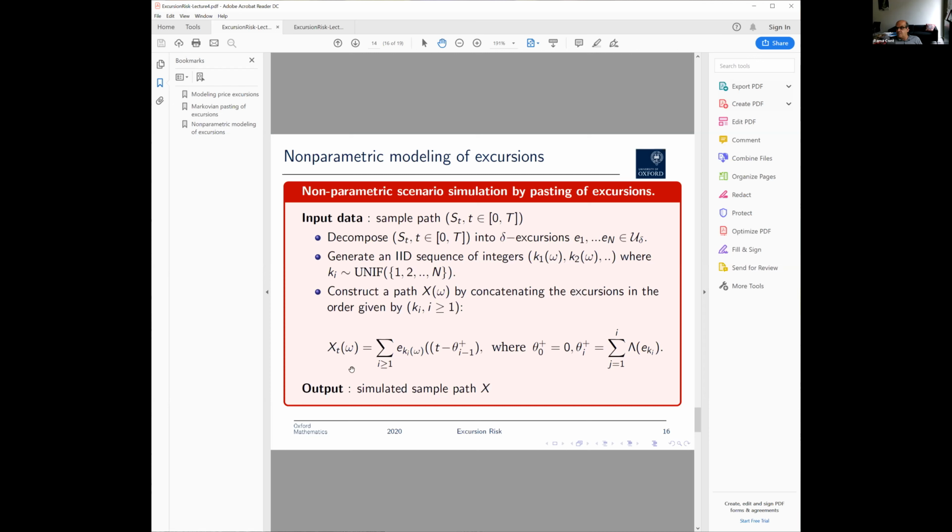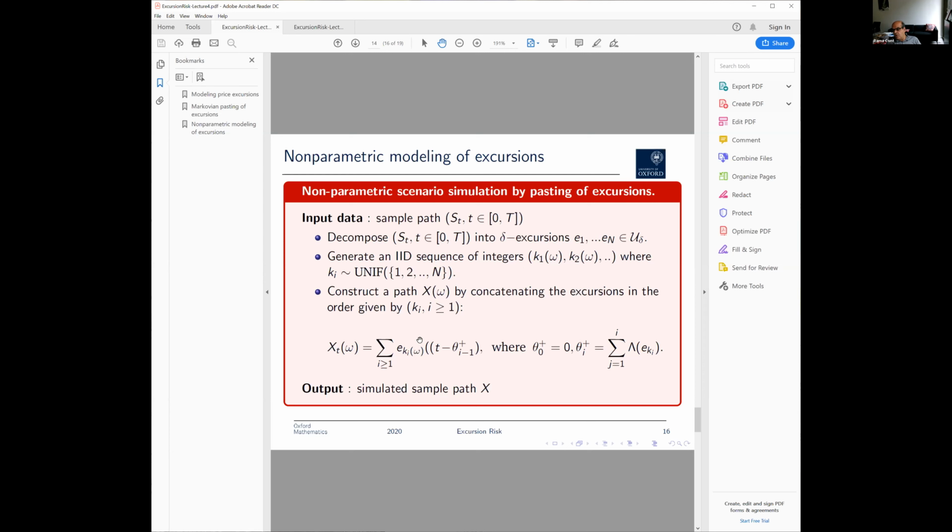What is X? X seems to be some kind of averaging of S, because you take the excursions, you shuffle them, and then you follow them in a random order. So it's clear that you will not preserve the law of S.